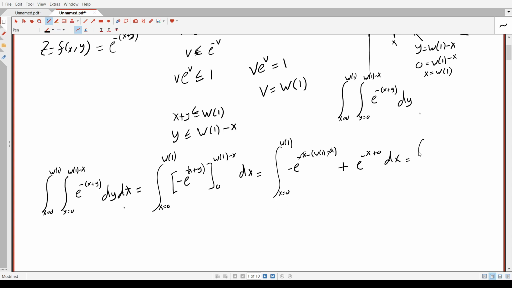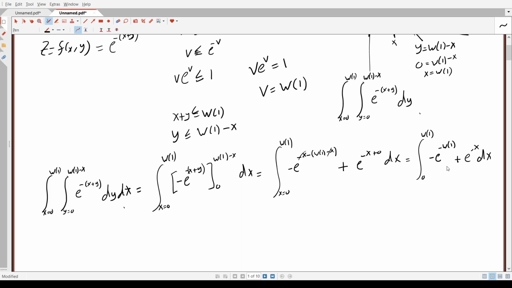So I have the integral from 0 to here of minus e to the negative W of 1, plus e to the negative x dx.